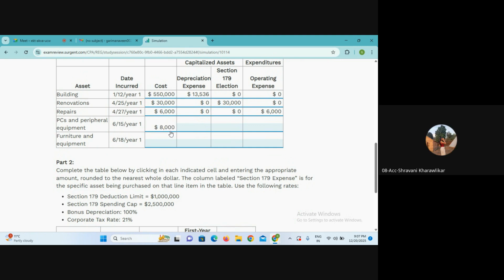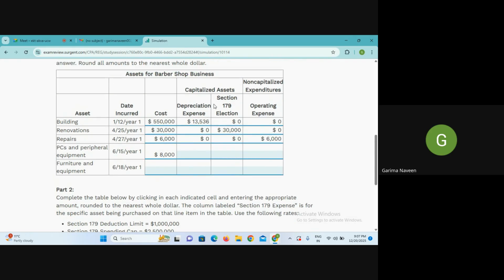Yes, ma'am. Yes, okay, ma'am. So it will not be an 8,000 expense. ठीक है। So 8,000 which it will be an expense or capitalize these assets? Ma'am, depreciation expense. Okay, so capitalize करोगे। Okay, so capitalize में you can claim 179 or depreciation first. So 179 आप first claim कर सकते हो, तो computer and equipment पे मिल जाएगा आपको 179 expense या नहीं?